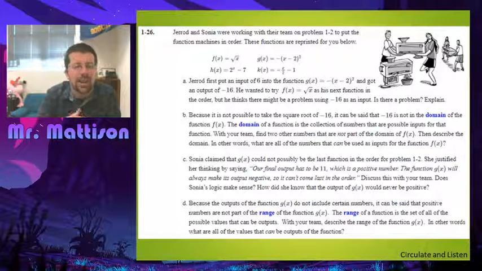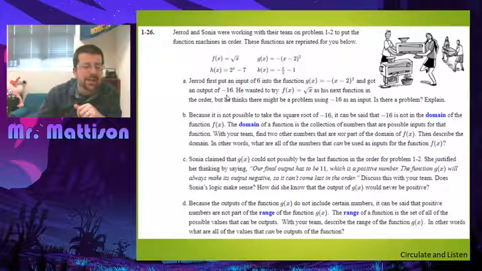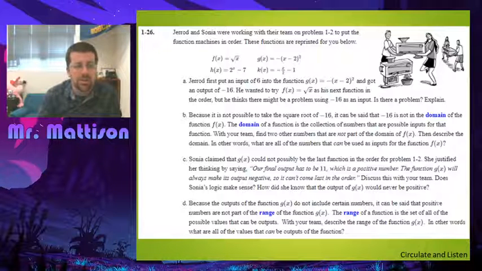So they're saying, hey, if I use g as my first one here, I get a negative 16 out of it. And that tells us we can't plug that into rad of x, because if you take the radical of negative 16, you get a non-real number. So you can't actually use that anymore. That's a limitation we found too, right?